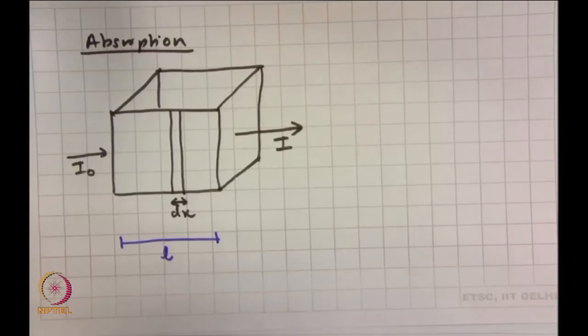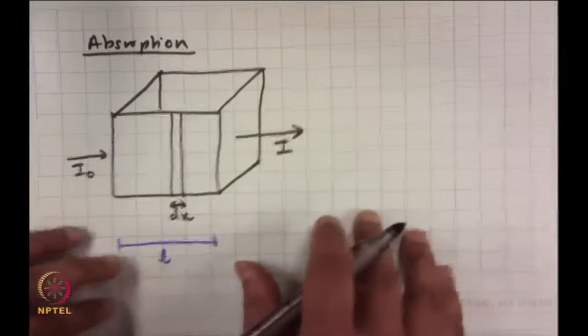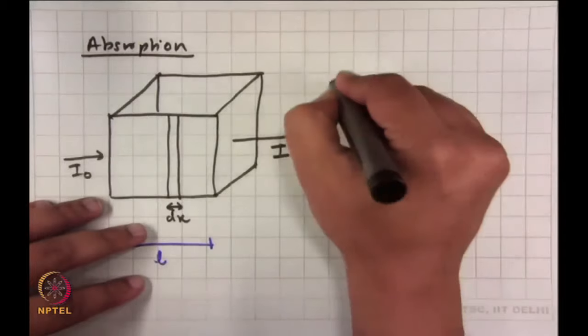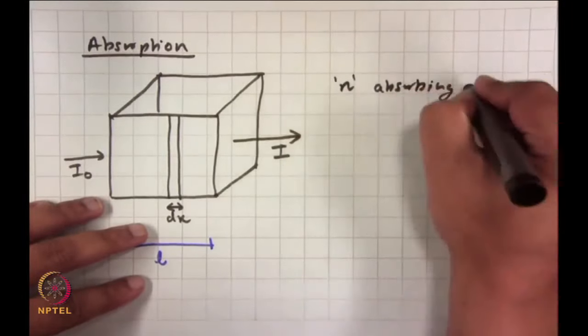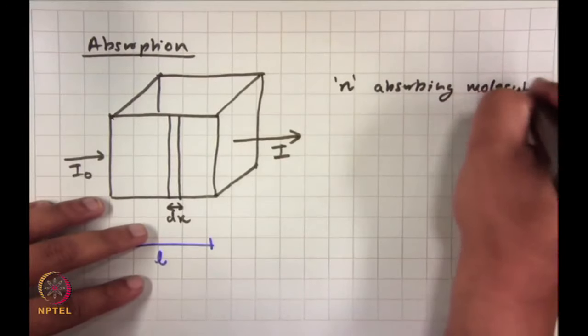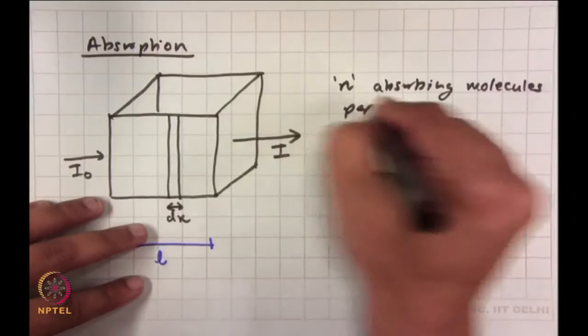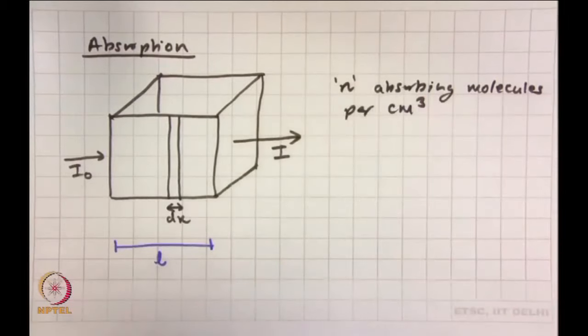So, what is I 0? I 0 is the intensity of the incident light, and what is I? I is the intensity of the transmitted light. I am not writing those things down, okay, this you guys know. Now, let us assume that we have n absorbing molecules per centimeter cube, that means per unit volume, where the volume is in centimeter cube.